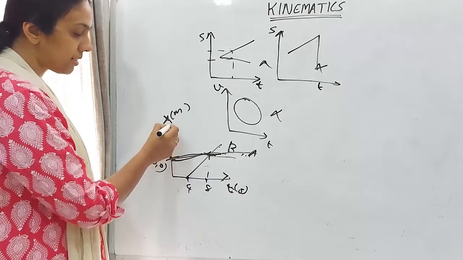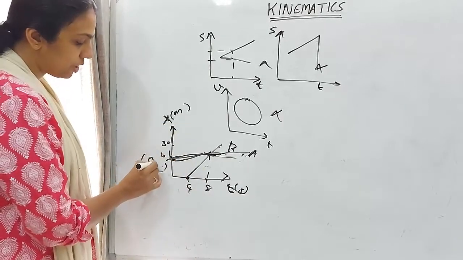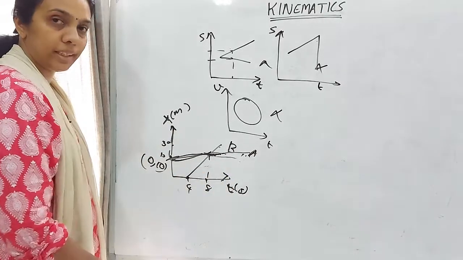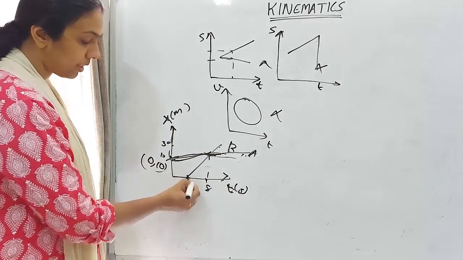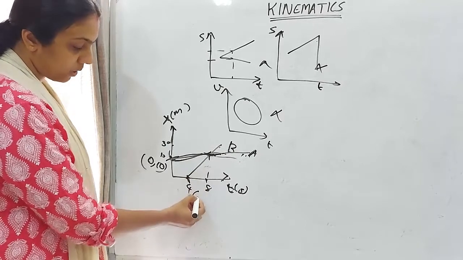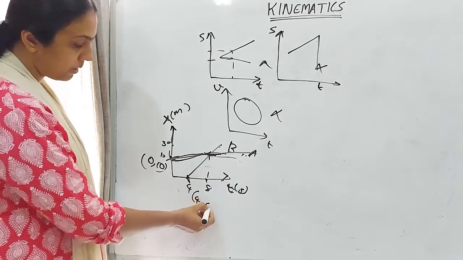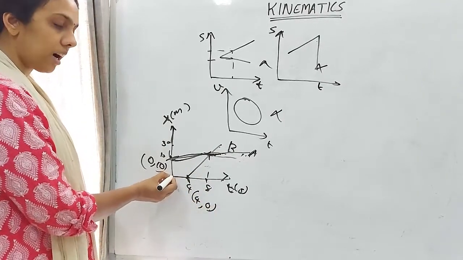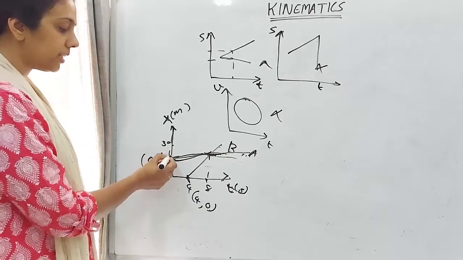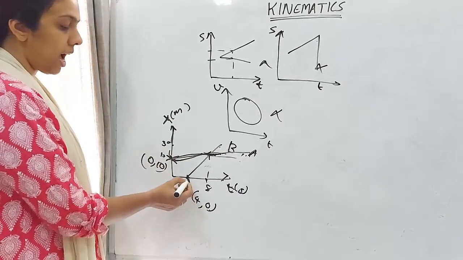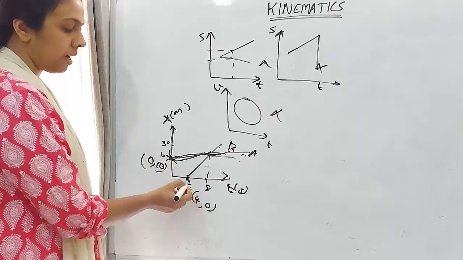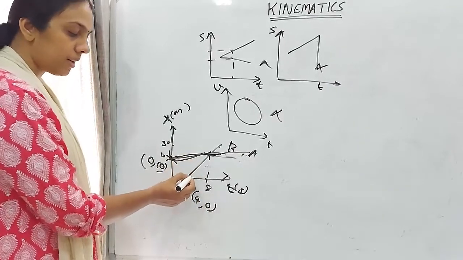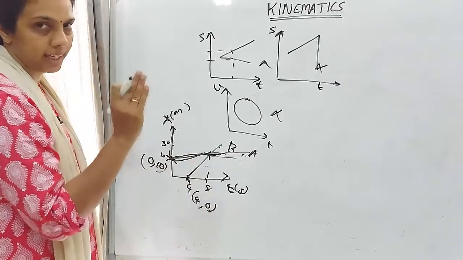Usually we take this one as the x-axis. For B it is (4, 0). So when we started our observation, A is at position 10 meters and B is at 0 meters, but for B we started our observation at 4 seconds.